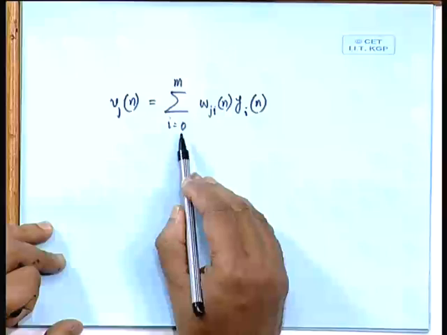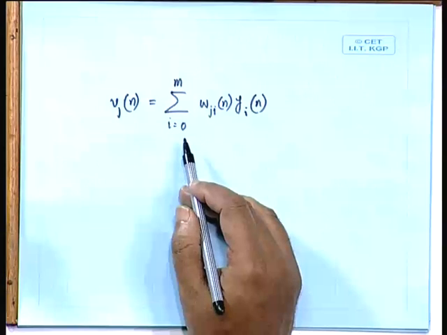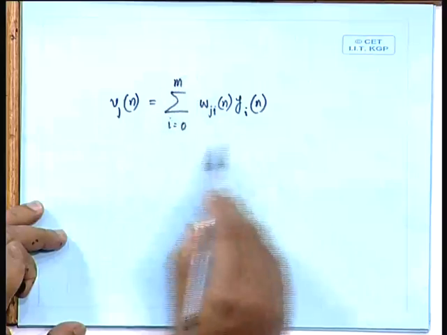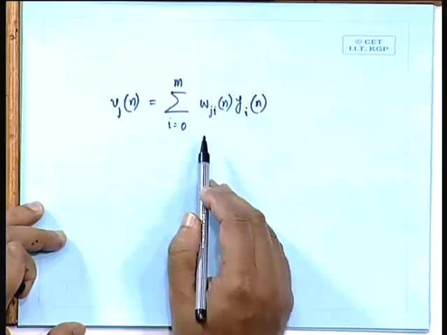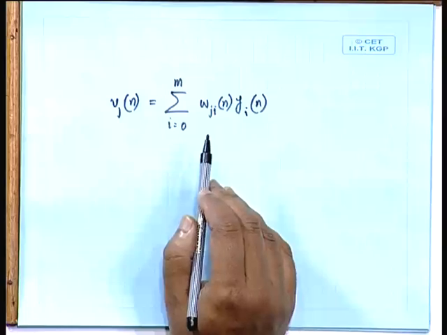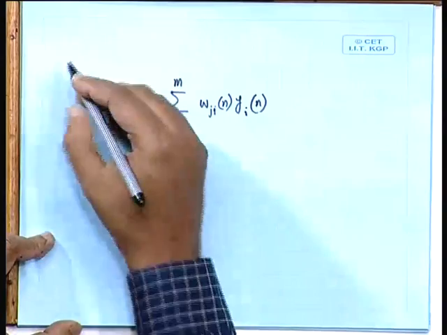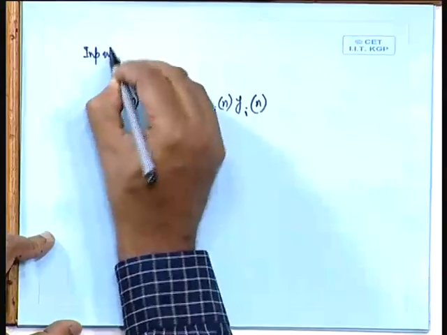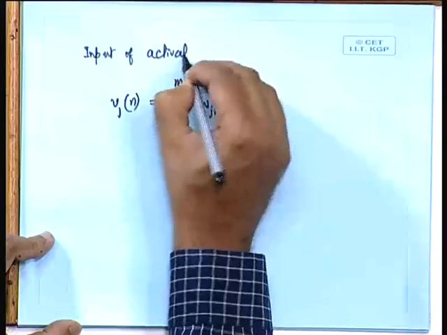In fact, we add i equal to 0 to m after embedding the bias term also into it. Okay. So, this is the complete term that we are getting as the induced local field at the input of the activation function of neuron j.